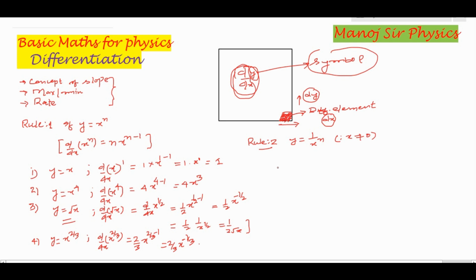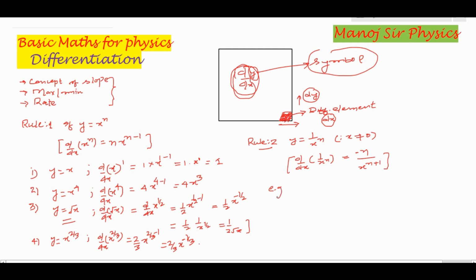If x is 0, then it is meaningless. Now differentiate with respect to x. That will be d by dx of 1 upon x raised to power n. It will be equivalent to minus n upon x raised to power n plus 1. This is just the inverse of the previous rule.